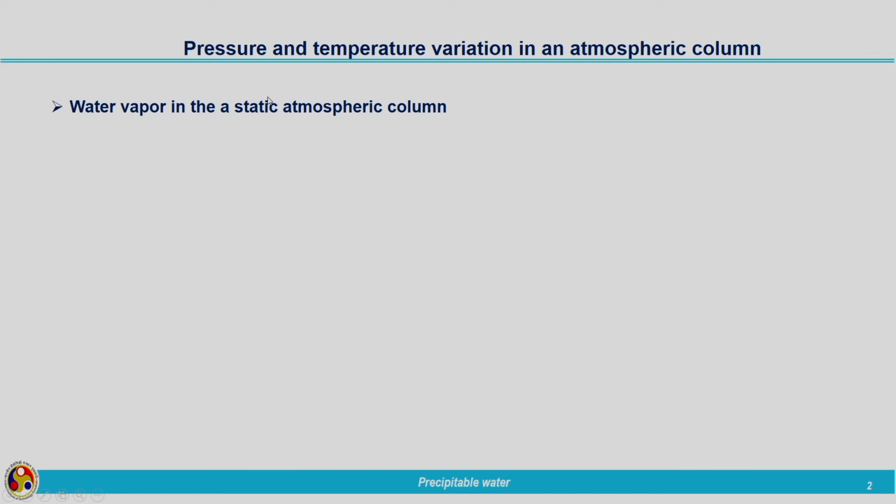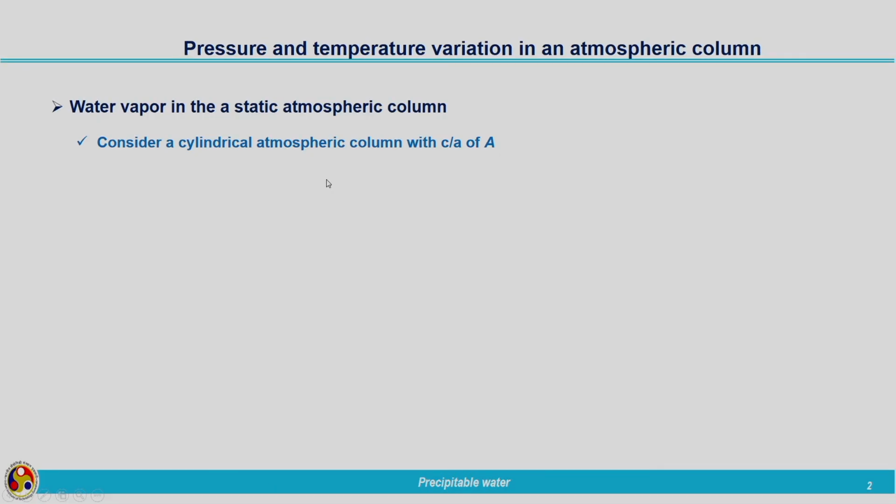The column starts from the ground surface and extends into the atmosphere. The depth of this column depends on the height to which you want to quantify the pressure and temperature. So, water vapor in the static atmospheric column we need to quantify.